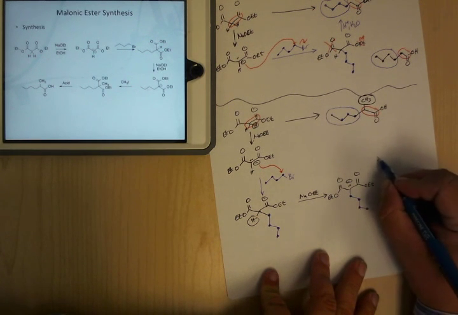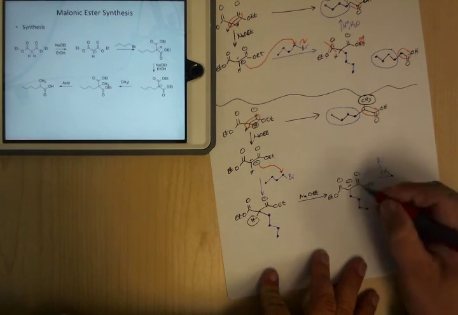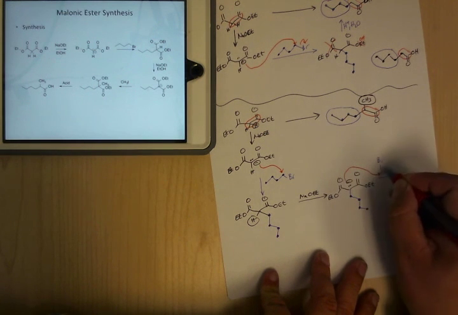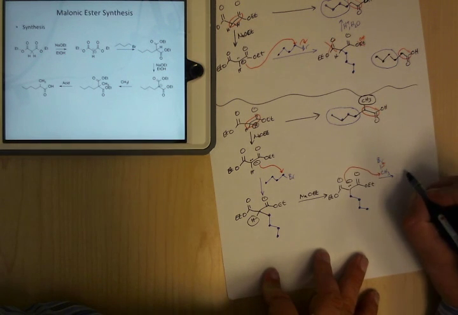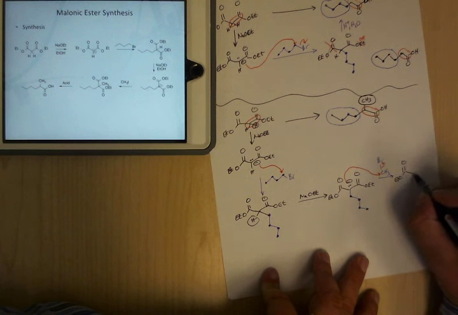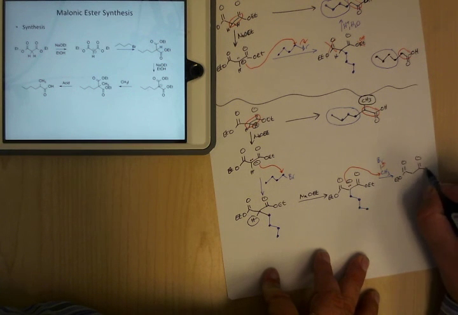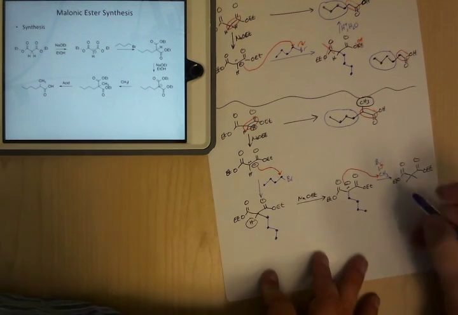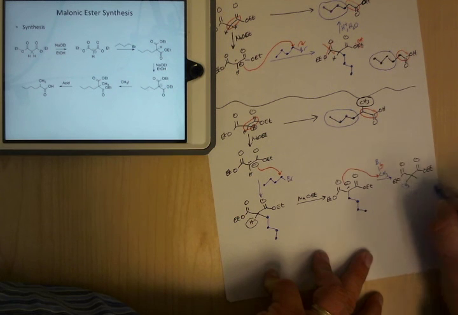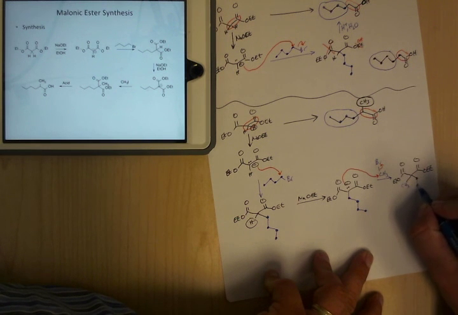So 1 carbon with the bromine is going to come in, attack there, to react. So here, 1, 2, 3, 4.